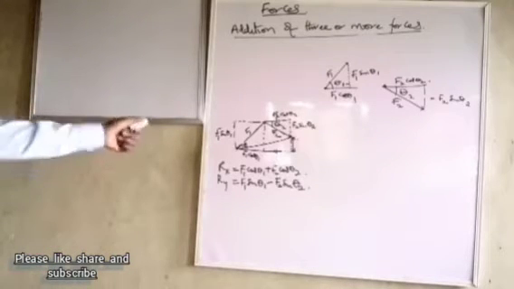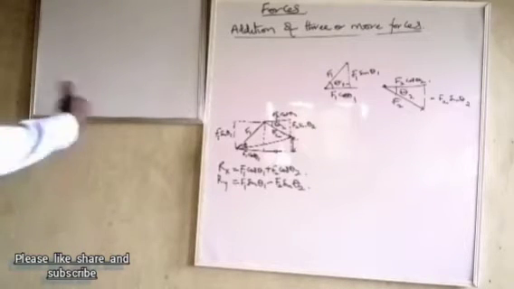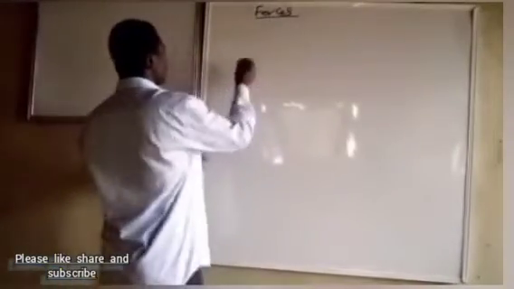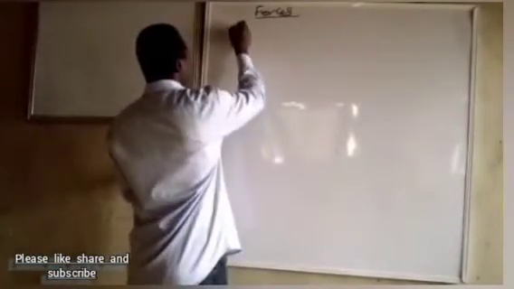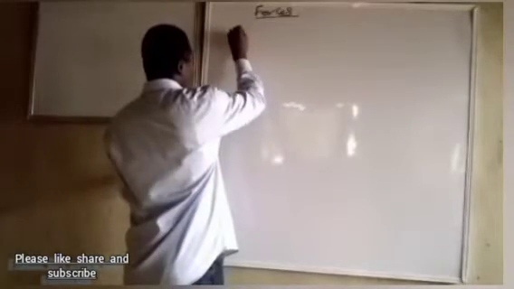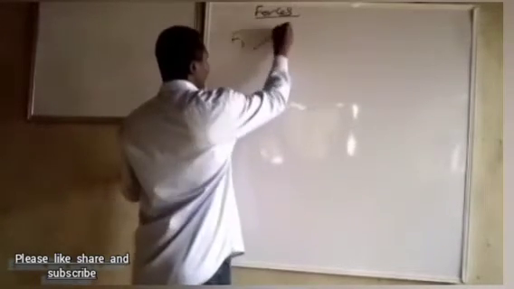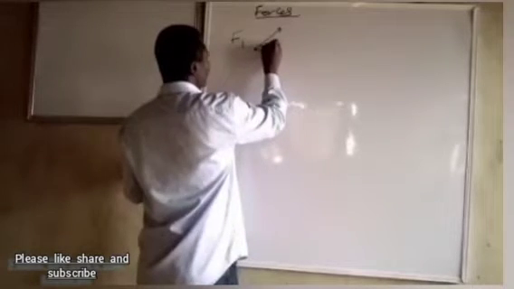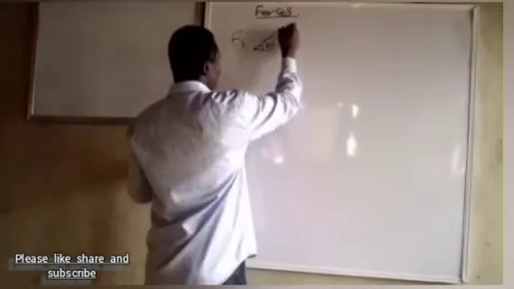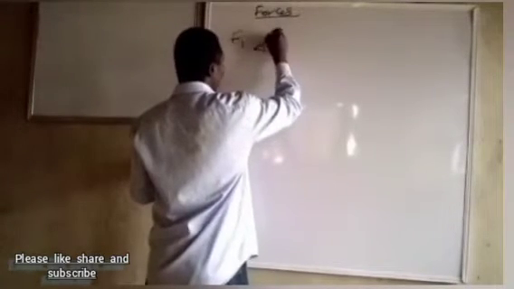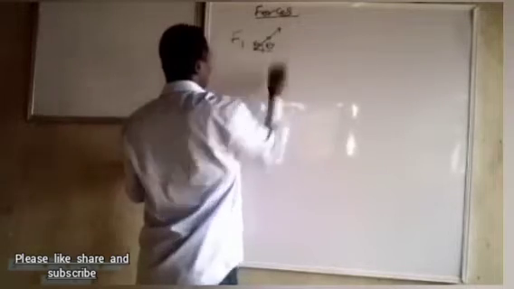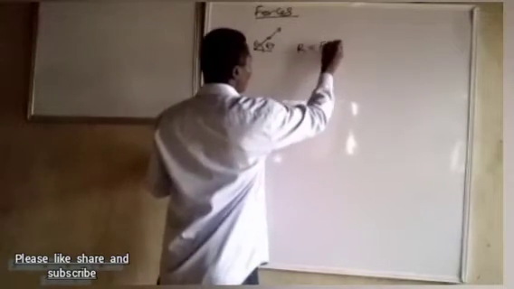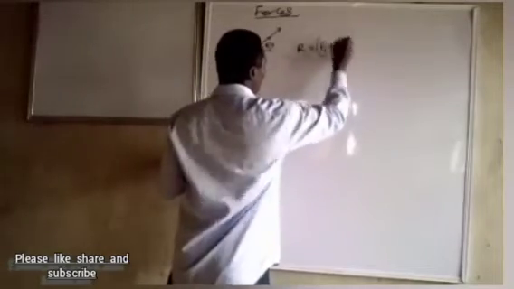I have also shown you this aspect in the addition of three or more forces. Now, if F1 and F2 are in the same direction, you can see that the sum R is just equal to F1 plus F2 in that direction.